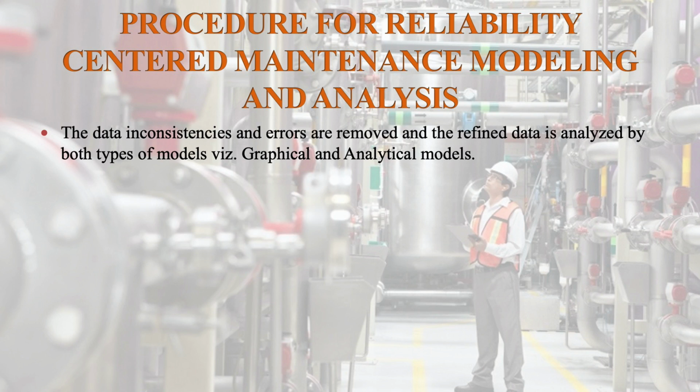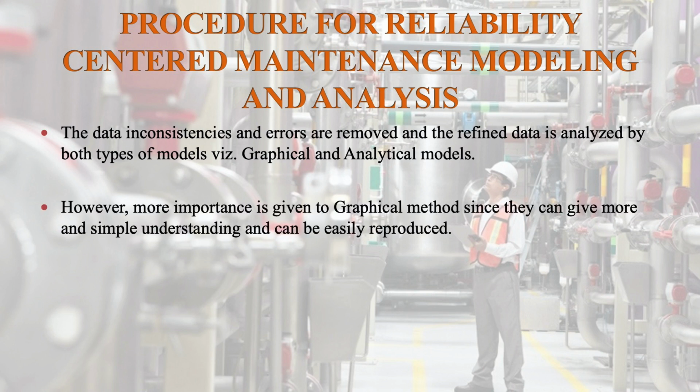The data inconsistencies and errors are removed and the refined data is analyzed by both types of models, that is, graphical and analytical models. However, more importance is given to graphical methods since they can give more and simple understanding and can be easily reproduced.